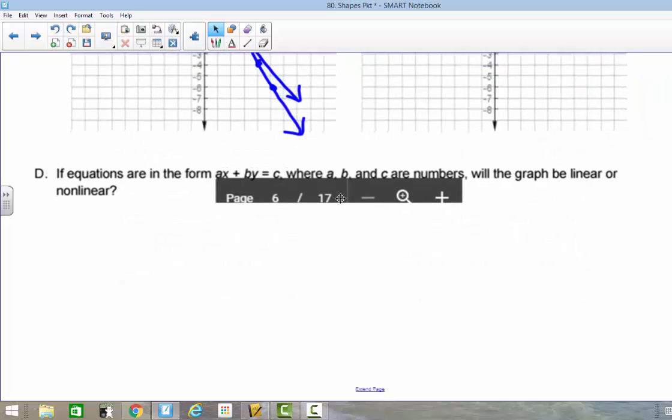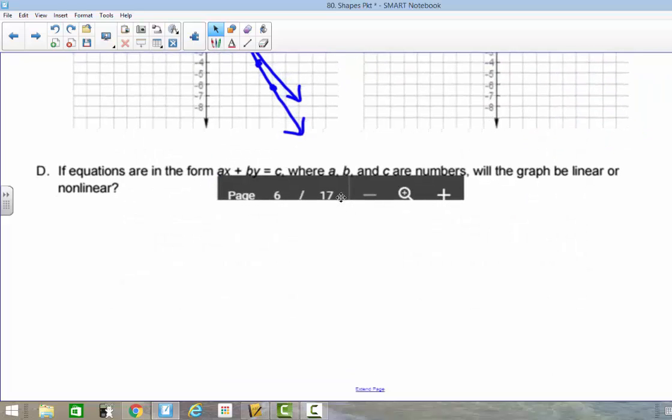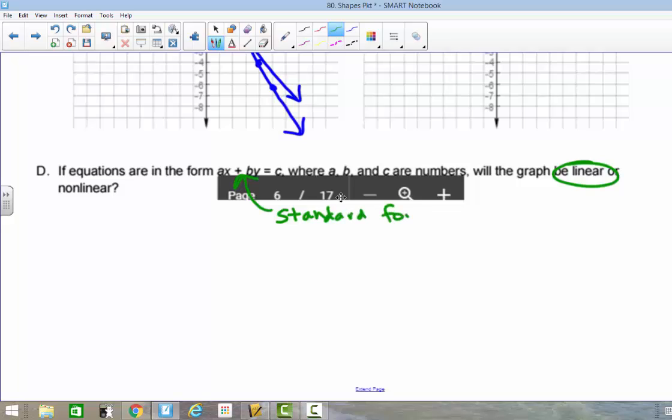So now it says if the equations are in the form ax plus by equals c, we know it would be linear because this is called standard form. And we can go from standard form to y equals mx plus b form by isolating the y.